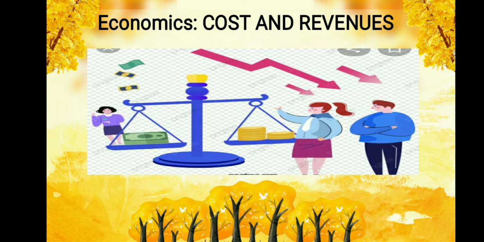So, we have cost and revenues in economics. Cost is the total amount of money it takes to produce the item, to pay for all factors of production. Revenue is the total amount of pesos a company or the government takes in.